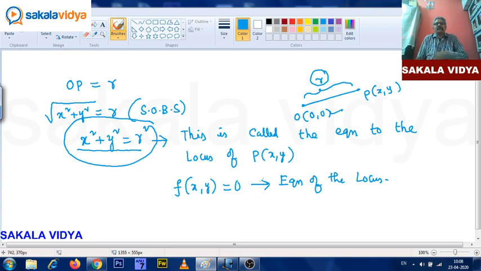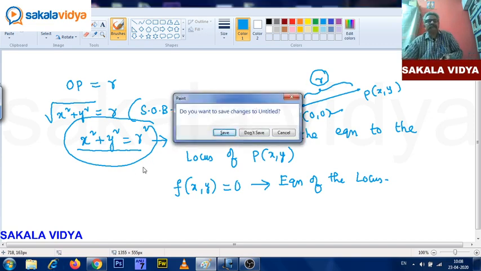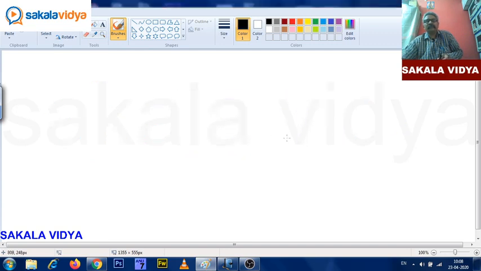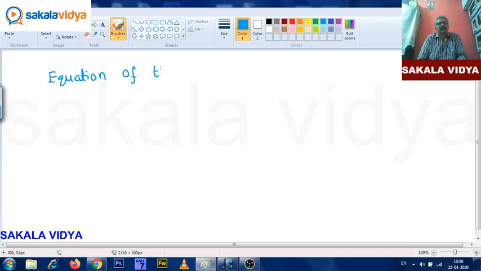So, in general, let us find out one more locus now. Now the important points you remember. What is the equation of the locus?